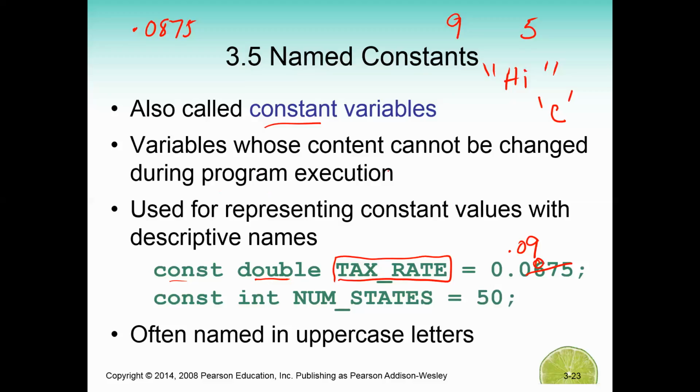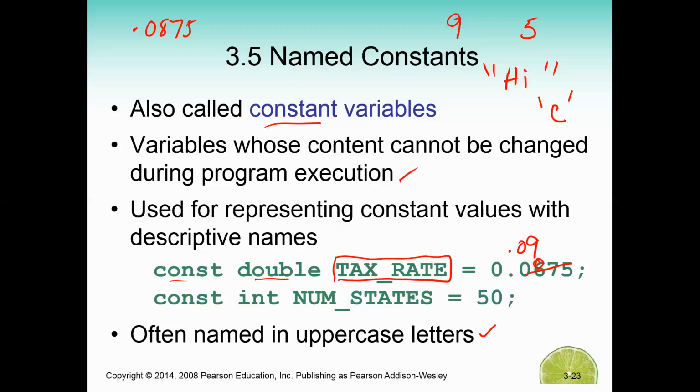They are used for representing constant values with descriptive names. So we're going to use a descriptive name: tax rate, number of states. One of the recommendations for us programmers is that we use uppercase to name them so that we can separate the variables from the constants.